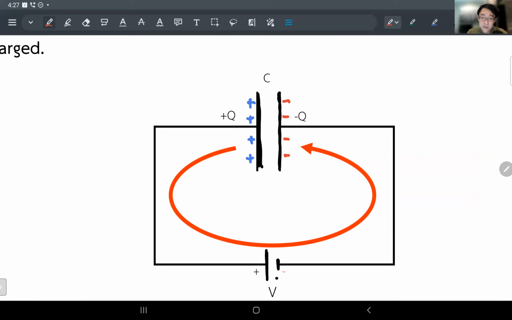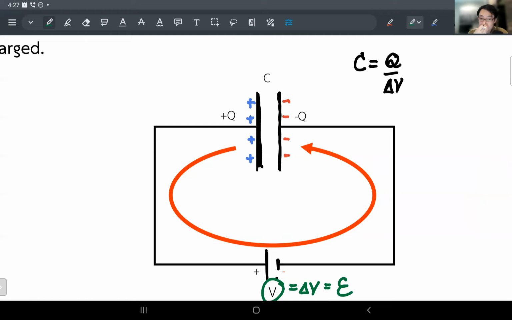Because if you remember the formula, the capacitance is just the ratio between the charge over the potential difference across. And now you can see that you apply this much potential across. You guys with me? All right. And don't forget, whenever you see V, that is the same as delta V, and it's going to be the same as E. Depends on what kind of terminology you want to use, but they mean pretty much the same thing.